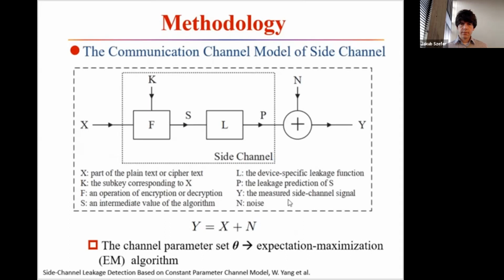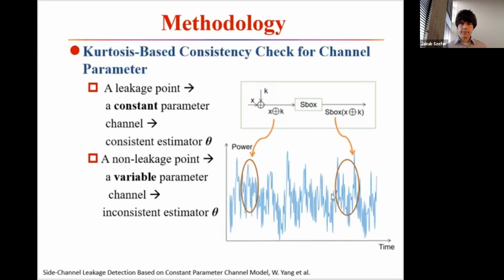A side channel trace is composed of two parts, leakage points and non-leakage points. A communication channel established with the data of a non-leakage point should be a variable parameter channel, because the data can be viewed as random noise compared to leakage data.